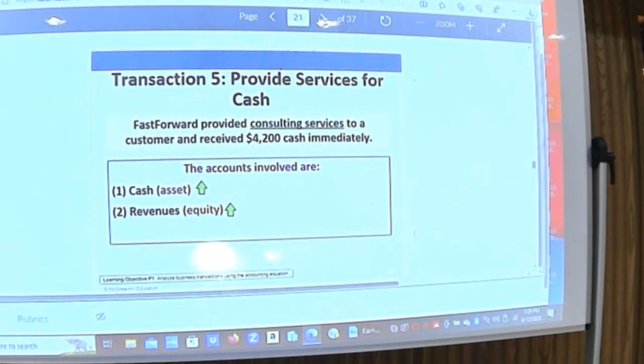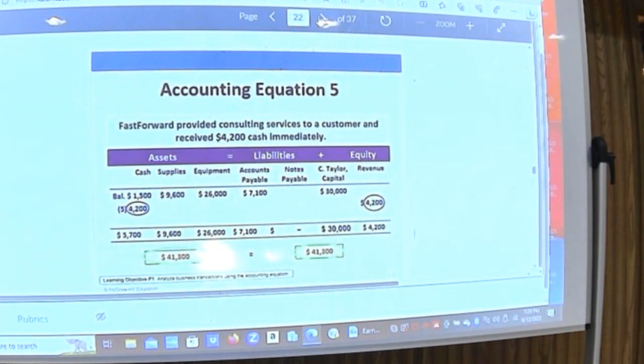Remember that income, which is revenue minus expense, increases equity. So an increase in cash on the left, increase in revenue on the right. Accounting equation still in balance. And this just restates it.